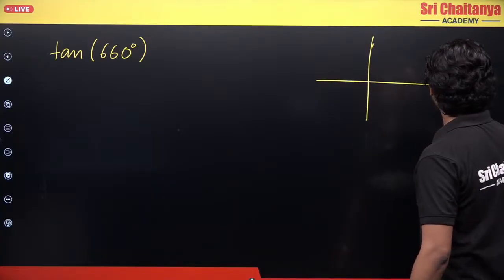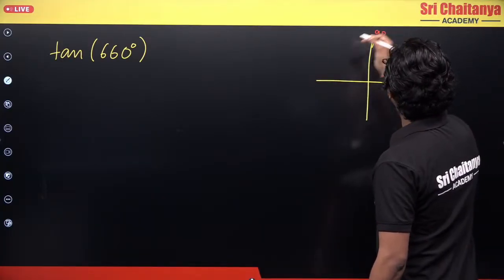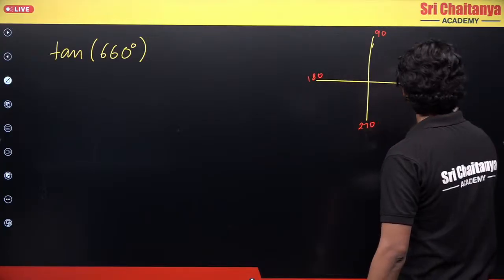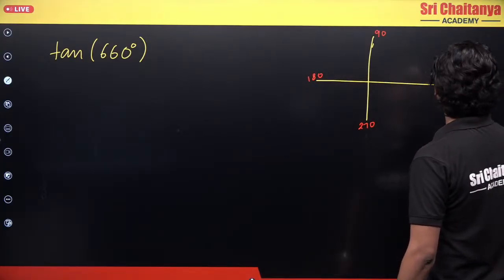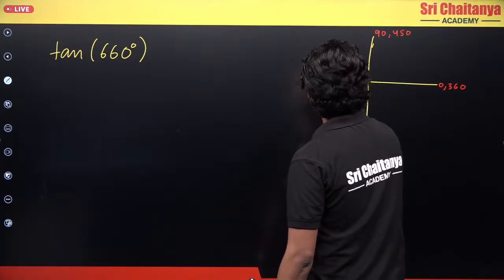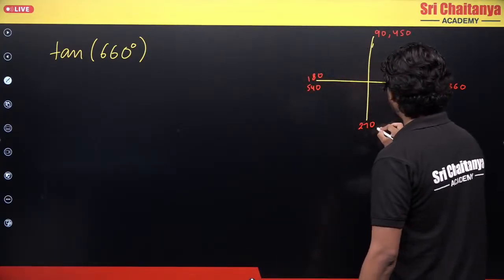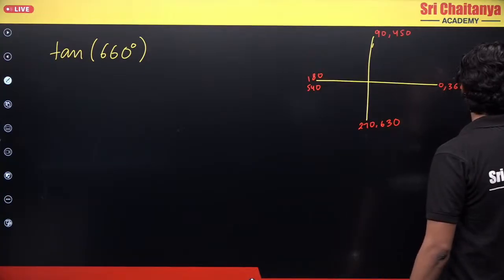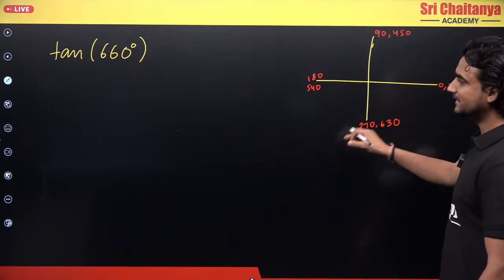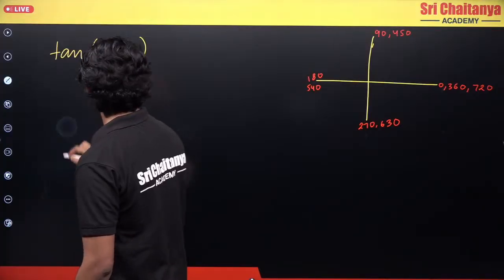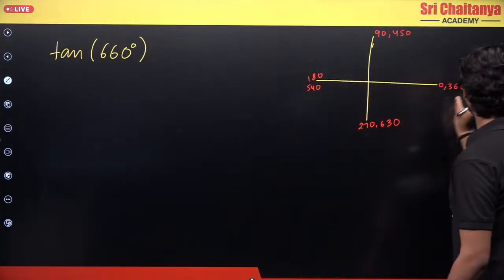So 0, 90, then 180, 270, 360, then 450, then 540, then what we'll have here? We'll have 630 and then 720. Okay, so I think 660 will lie somewhere between 630 and 720.